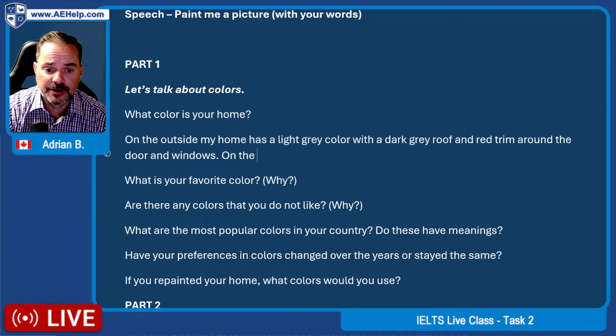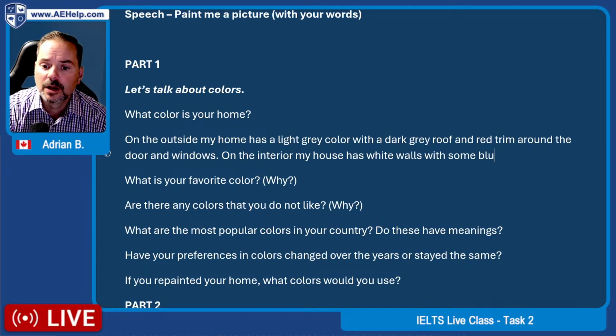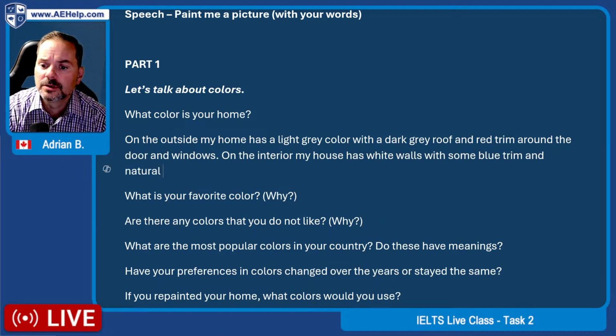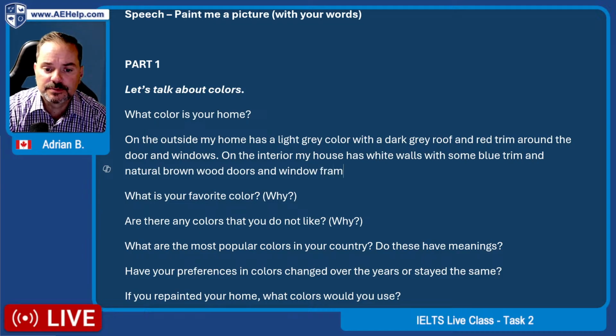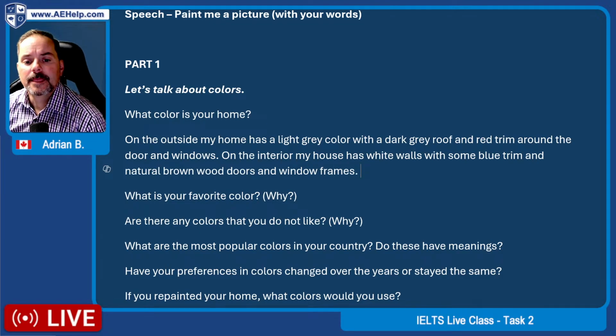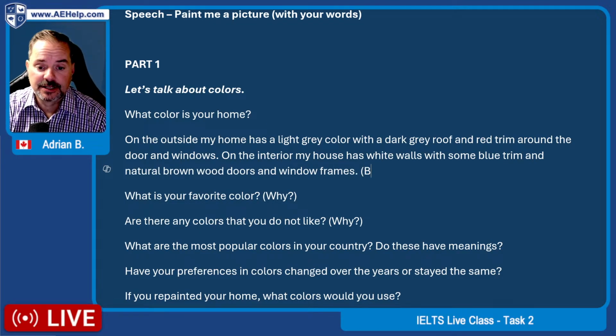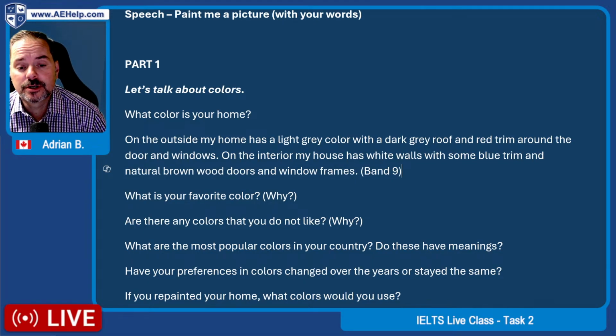On the interior, my house has white walls with some blue trim and natural brown wood doors and window frames. Okay, so that would be your band 9. Now, I'm of course showing you some vocabulary here, and painting you a picture of my home.